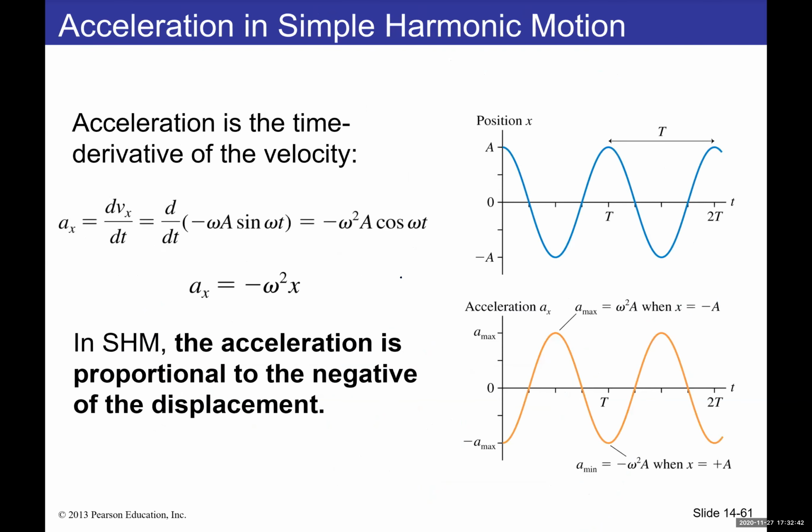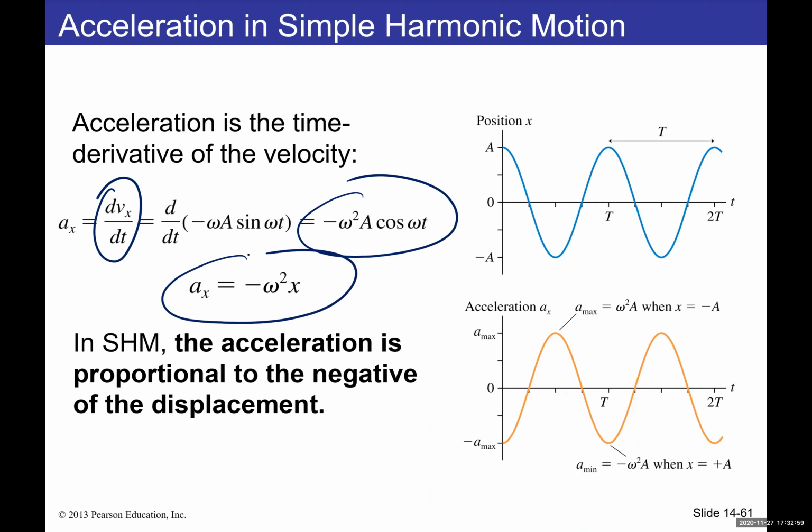So that's why we have this acceleration, which I already gave you the equation for; we're skipping a little bit to get to the acceleration. Remember, it's a derivative of the velocity as a function of time, and we end up with negative omega squared a cosine omega t. So a_x equals negative omega squared x, and a max is just omega squared times a.